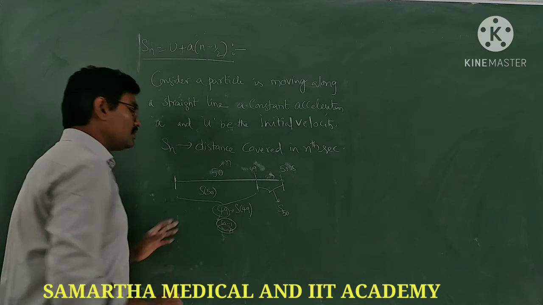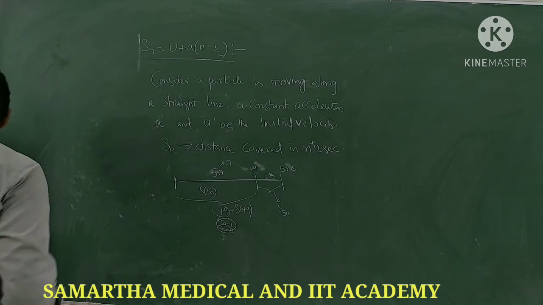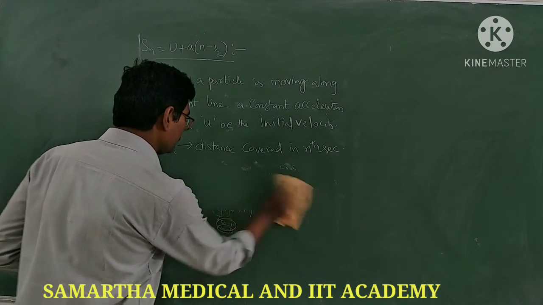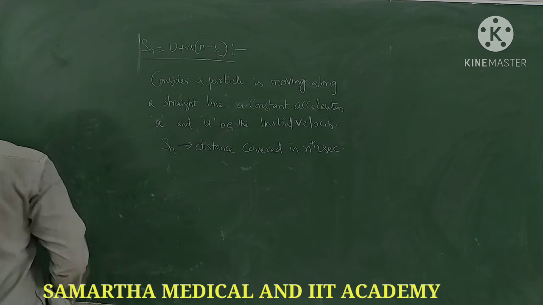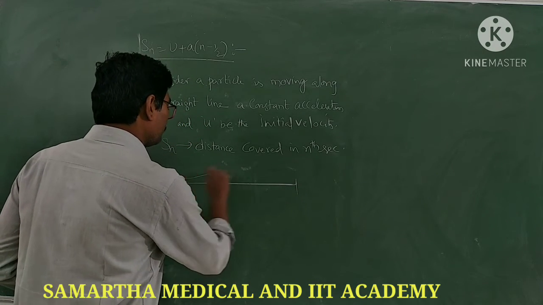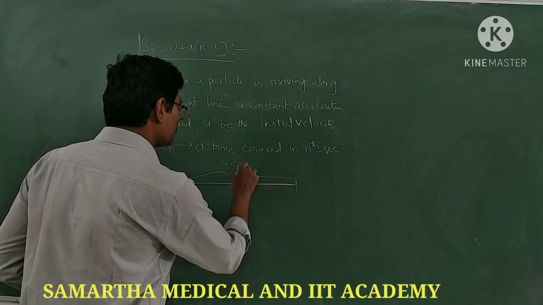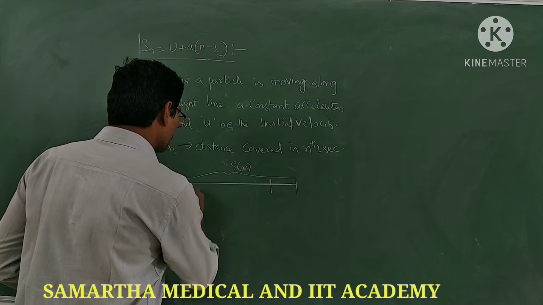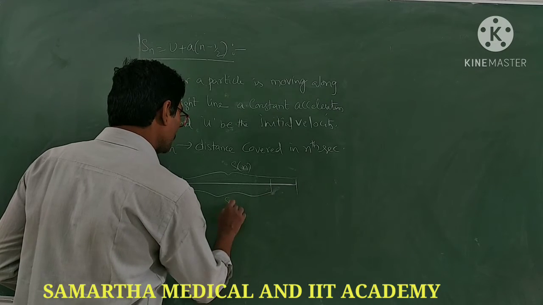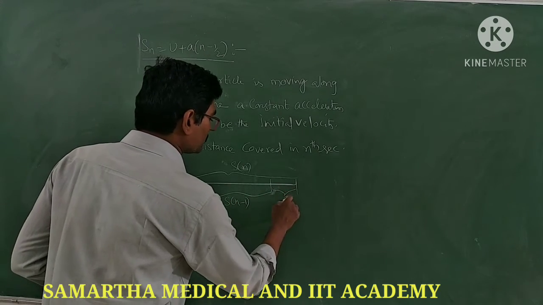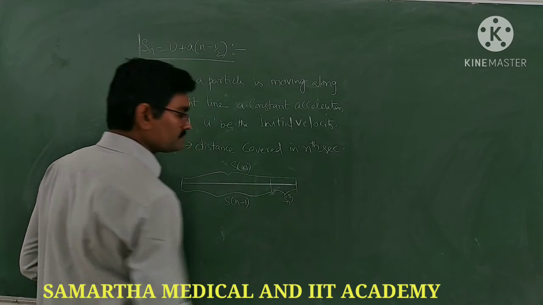Distance covered in nth second I wanted to calculate means, up to here this is distance covered in n seconds. Up to here this is distance covered in n minus 1 seconds. And what about this? Distance covered in nth second.